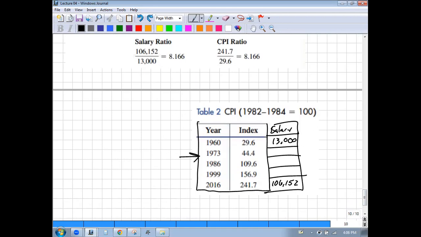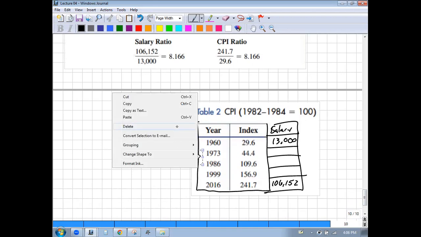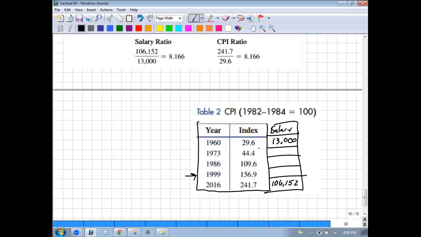If I wanted to do, say, 1999 here, X is the money from 1999 compared to the 13,000 from 1960. That's the same thing as the CPI for 1999, which says 156.9, compared to 29.6. Those ratios should hold.